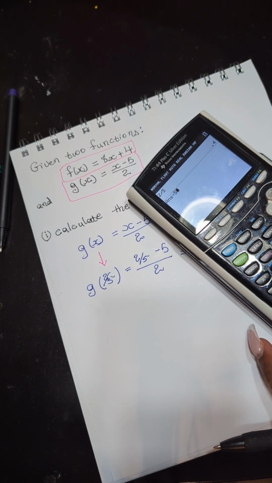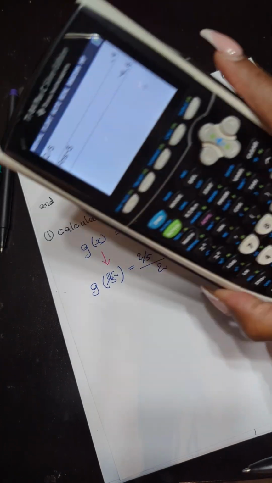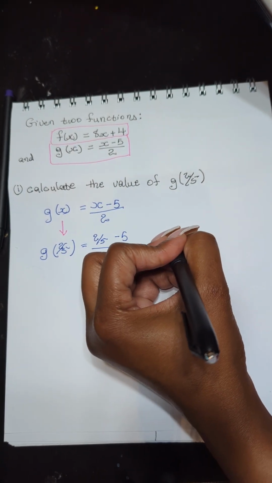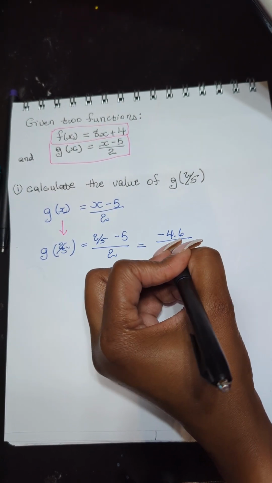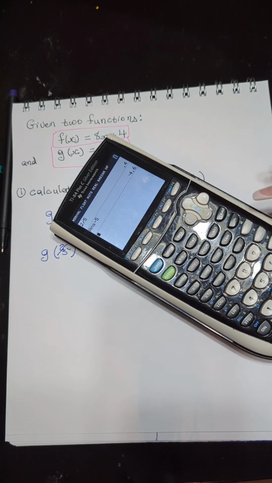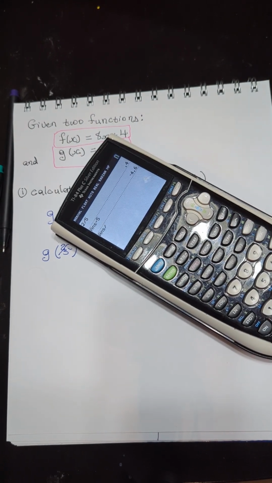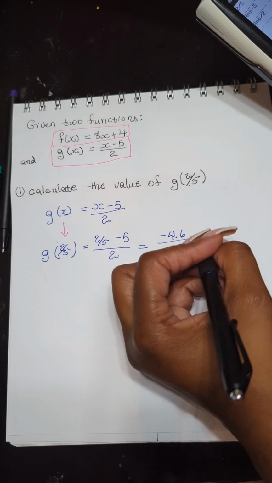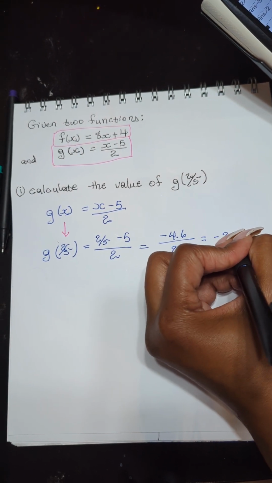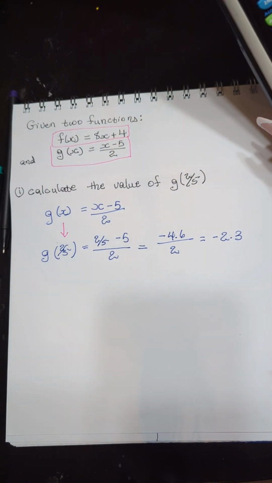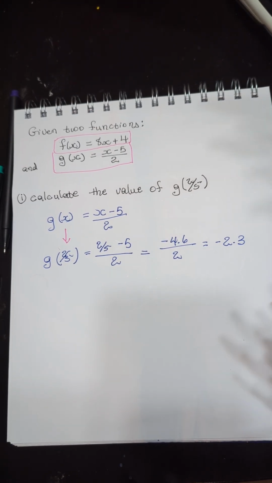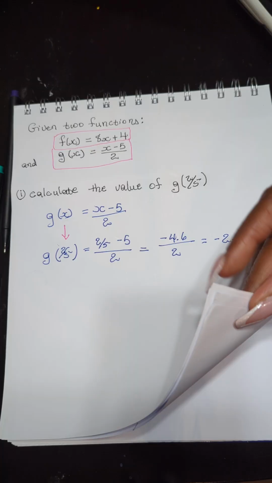So minus 5 equals negative 4.6. So that means at the top we have negative 4.6 divided by 2. So I'm now going to punch in divided by 2, and we have negative 2.3. Now, unless they specifically say that your answer needs to be given in a fraction, well, hey, decimals work.